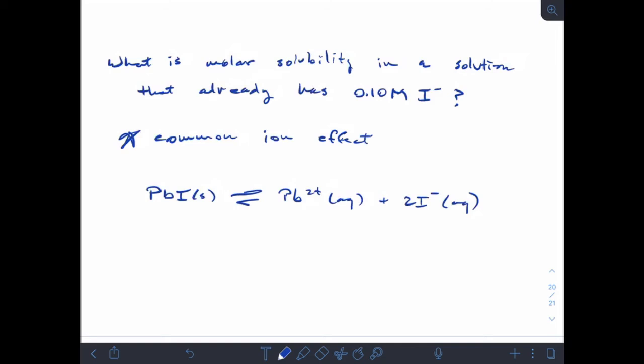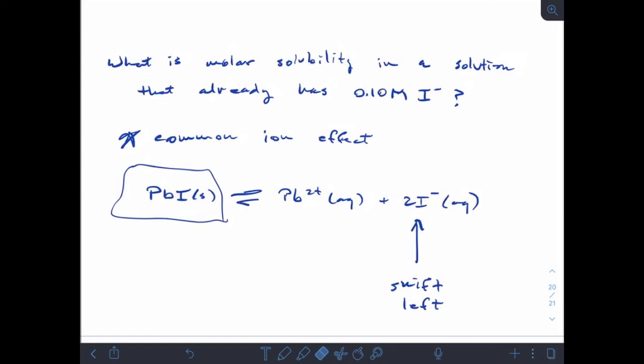If I have more of this, we shift left. Okay, so if I have more iodine already there, I'm going to keep more of this, right? More of my solid will stay solid, right? So common ion effect comes into play here, where less of the lead iodide is going to dissolve because I already have some iodine in the solution.